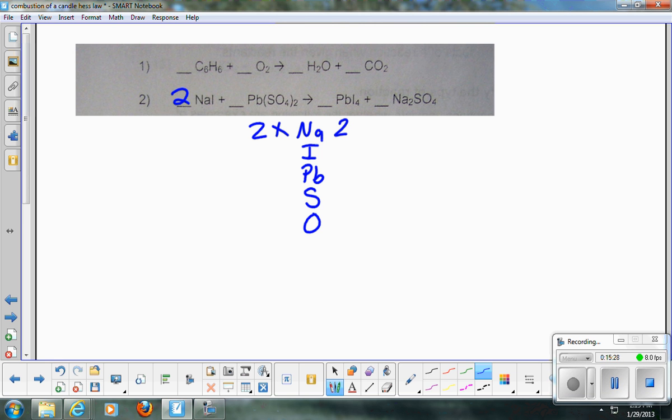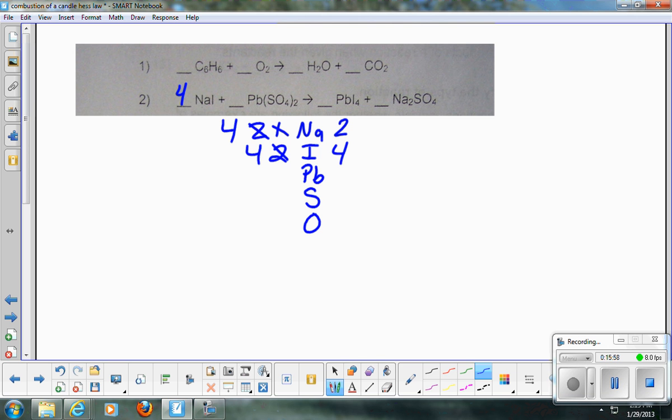Okay? Now my iodine, that 2 still comes through. So I've got 2 iodine on my left. On the right, I have, oh man. Okay, so now I got to go back and I got to change that 2 to a 4. That fixes my iodines, but screws up my sodiums. So now I go back and fix my sodiums.